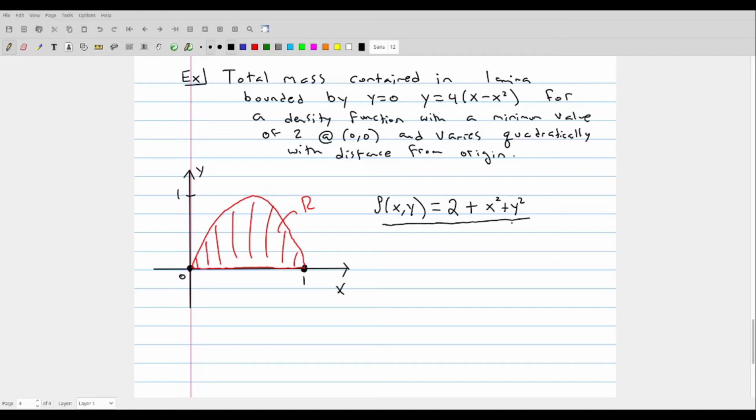This function right here is, when x and y equal 0, or you're at the origin, the mass density is 2, and then the level curves of this function are circles.